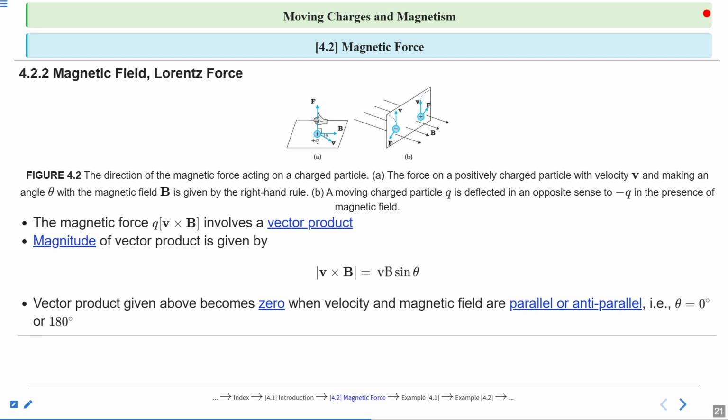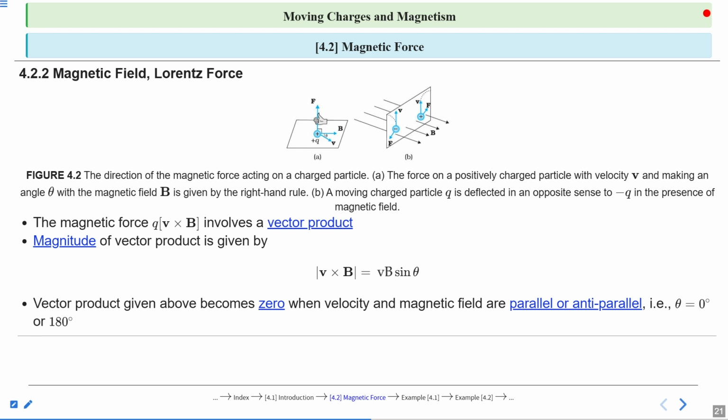The vector product given above becomes 0 when theta is 0 degree or 180 degree. It means that the velocity and magnetic field are parallel or anti-parallel. If the direction of velocity and magnetic field is the same or exactly opposite, then theta will be 0 degree or 180 degree.